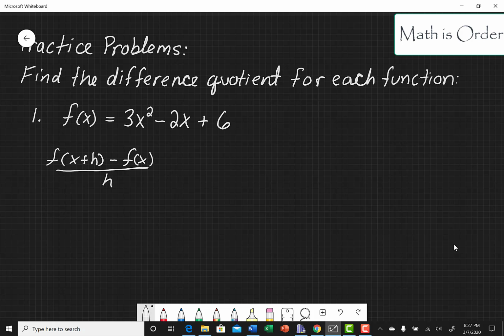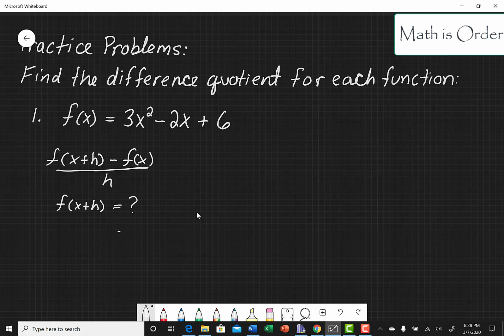And so it looks like we're going to need to find f of x plus h. We already know what f of x is. That was given to us. So we just need to find f of x plus h and then substitute it in and then simplify. So let's go ahead and find f of x plus h.